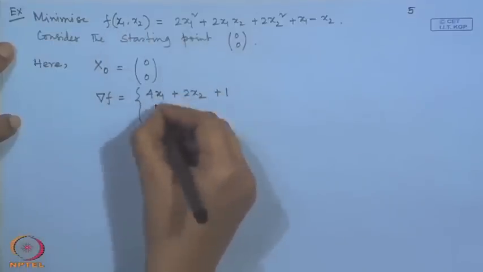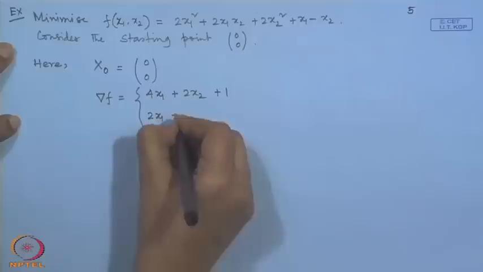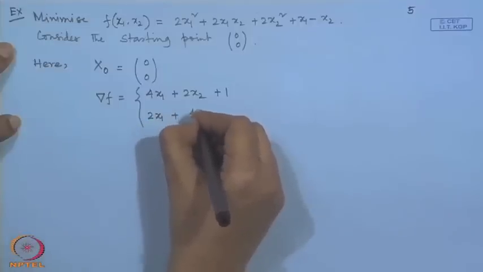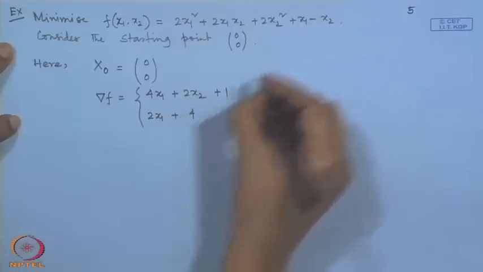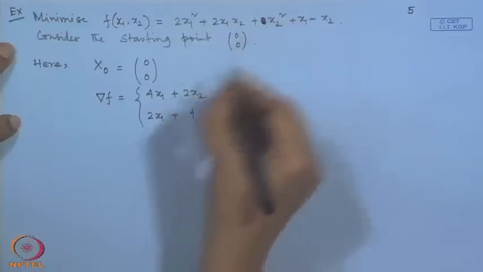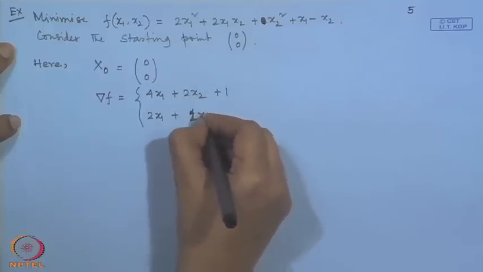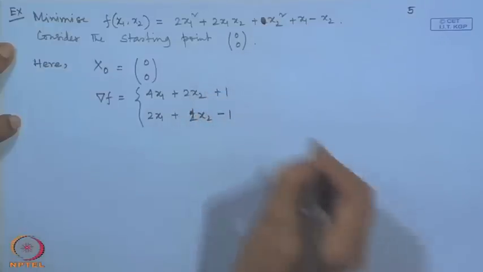With respect to x2, it would be 2x1 + 4x2 - 1. Oh sorry, we are considering only 2x2 square here.